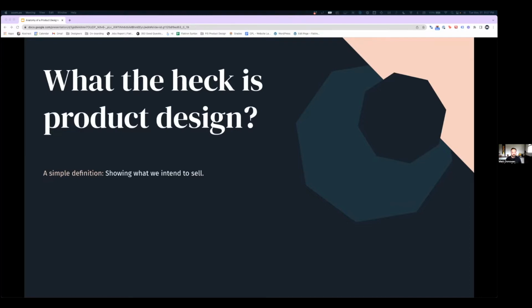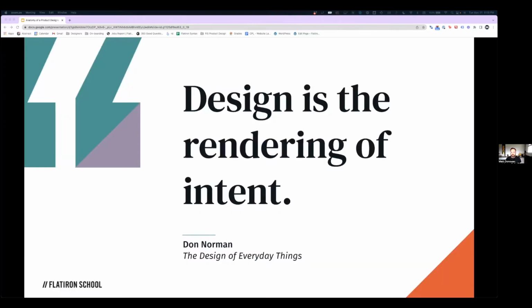It might be a disservice of a definition, but I think it'll serve us well, at least in this conversation, to start with a definition of design from Don Norman's book, The Design of Everyday Things, which is that design is the rendering of intent.